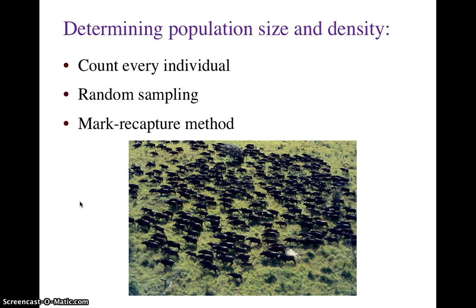That's called random sampling. Then the mark-recapture method is basically like catch and release, but you mark every single animal that you catch. This way you have an idea of how many you have caught and how often you can catch them. So those are three different ways to determine population size and density of a species.